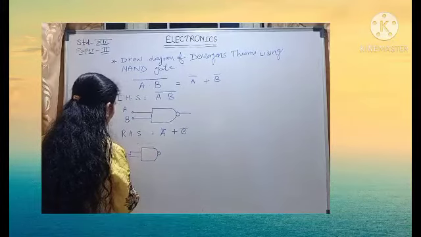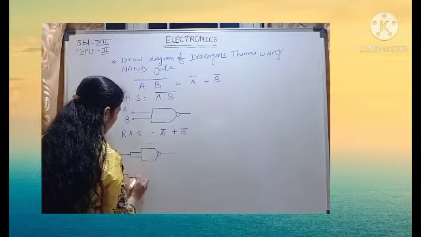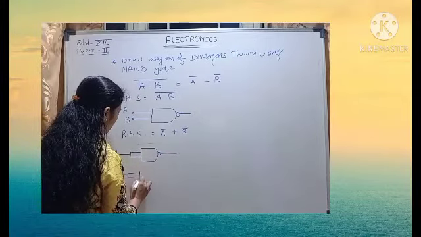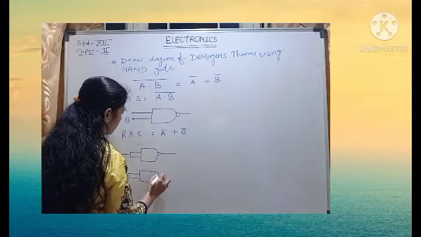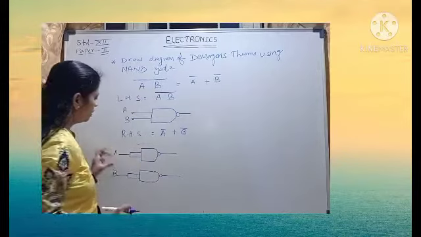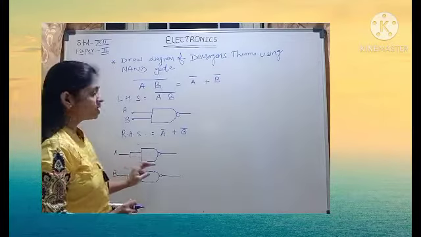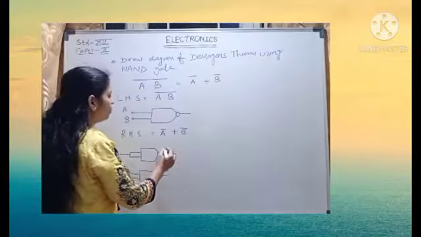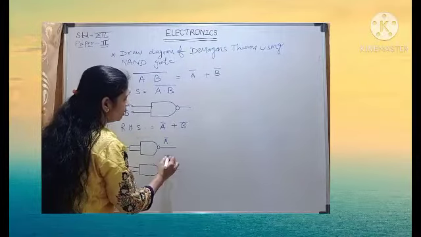This is A, and this is B. This is the NOT gate using NAND gate. So we got here A bar and here we got B bar.